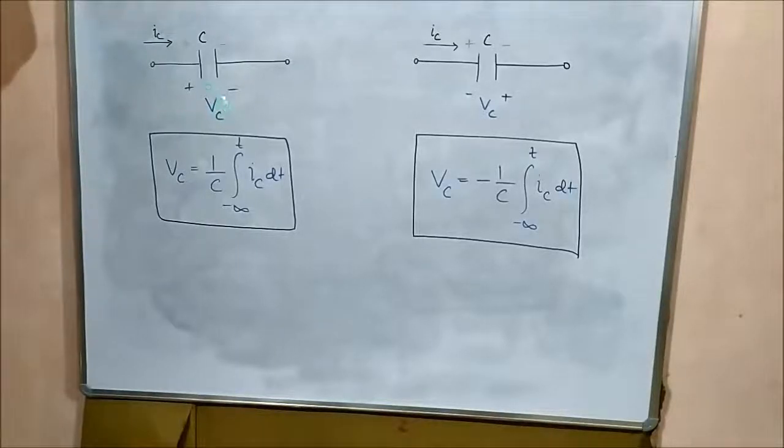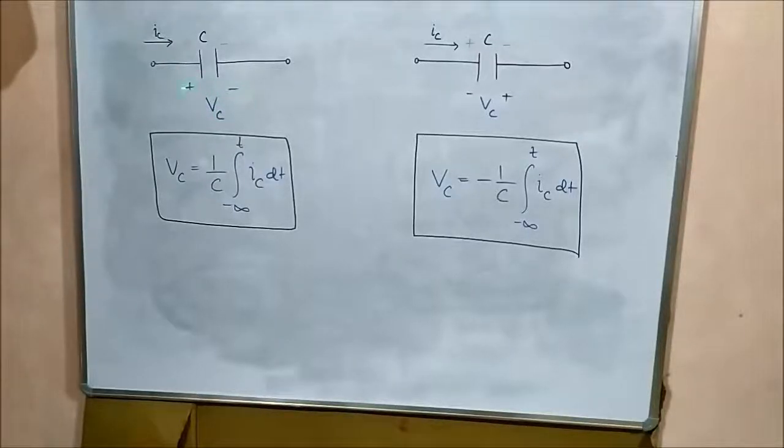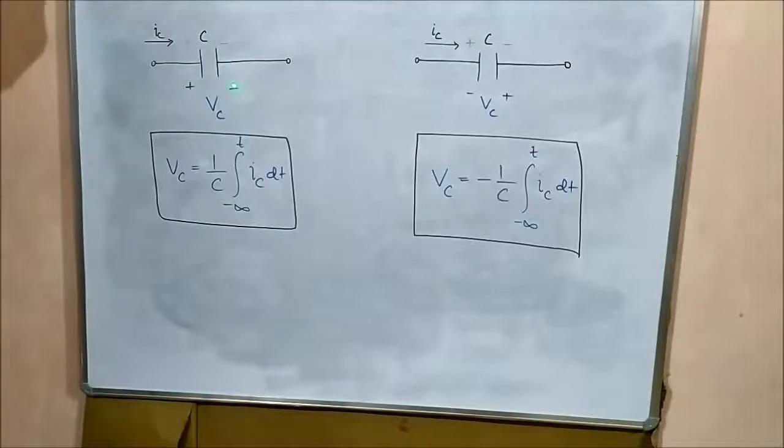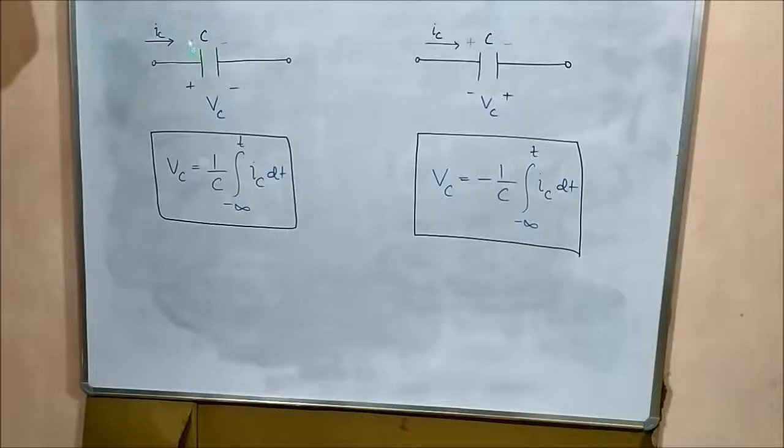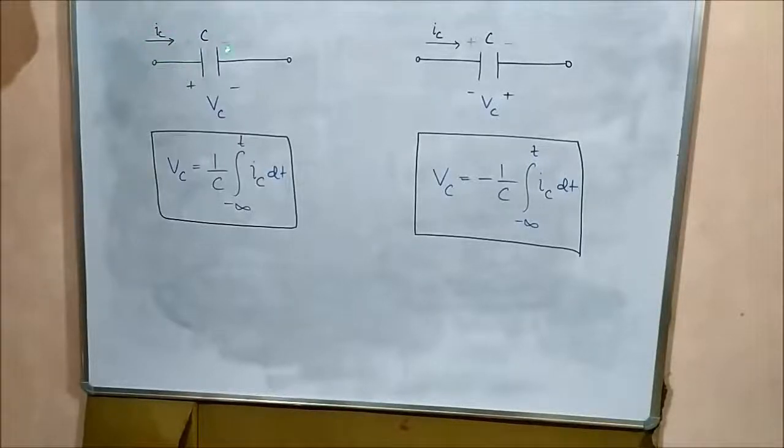Here the polarity of the voltage across the capacitor is also measured in the same way. Here positive, here positive, here negative, here negative. The voltage across the capacitor is measured in the same direction as the polarity which is assigned with reference to the current flow. Now current is flowing from the positive to the negative terminal of the capacitor internally.